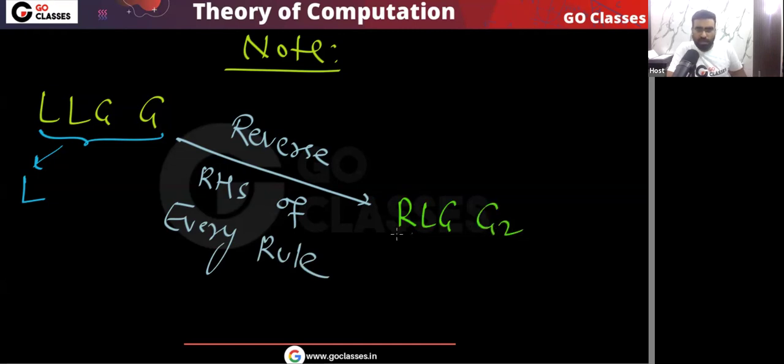Let's call it G2. But the language will also reverse. The language will become L reverse. Understood? Simple point.